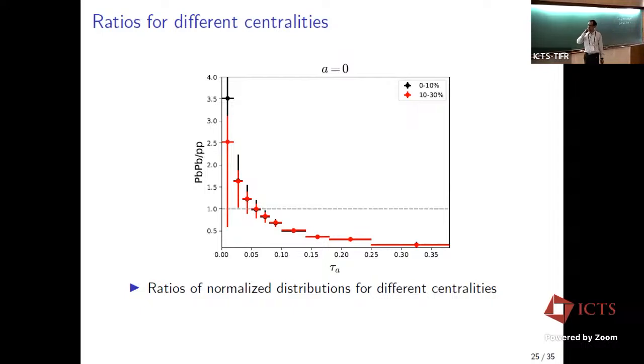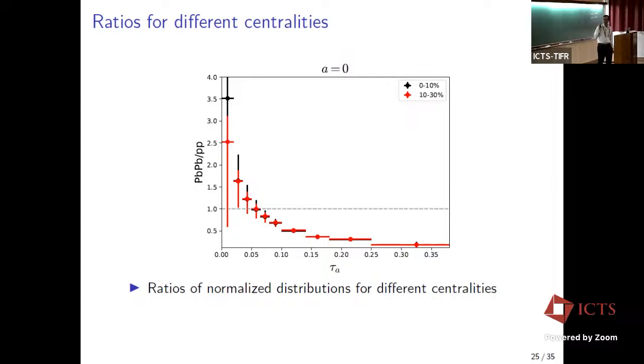And part of this is due to the model that we consider for the background medium. But also at small PT, there are other observables which for these two centrality bins are not very different. So maybe there is something to it.